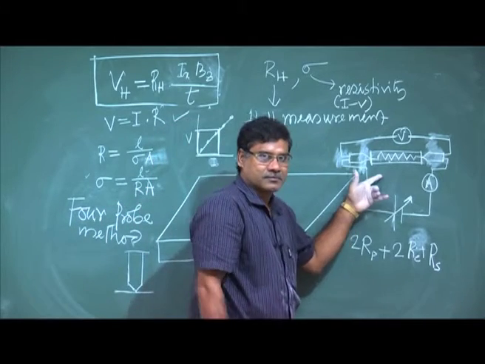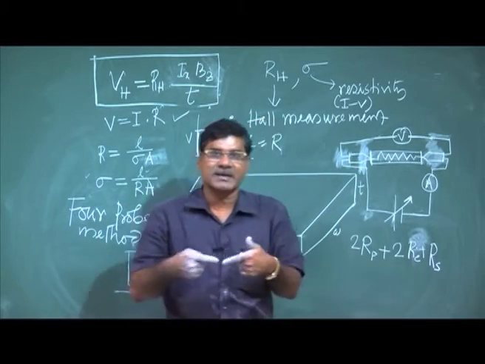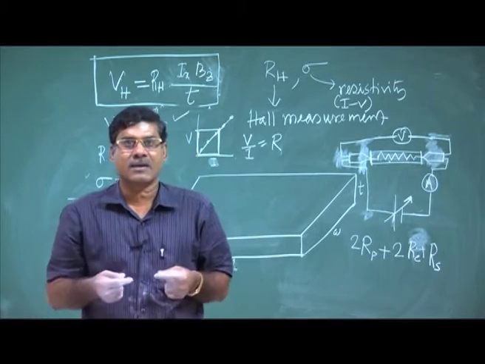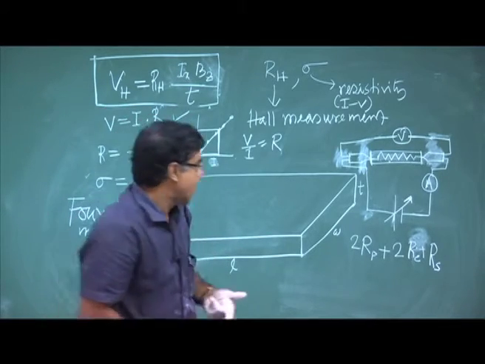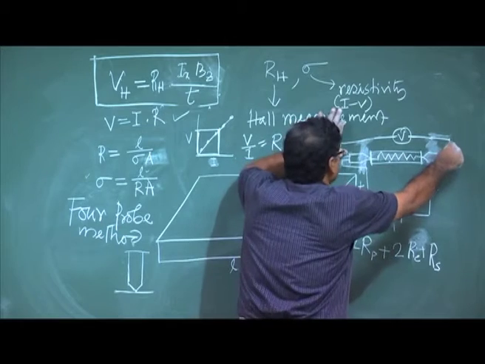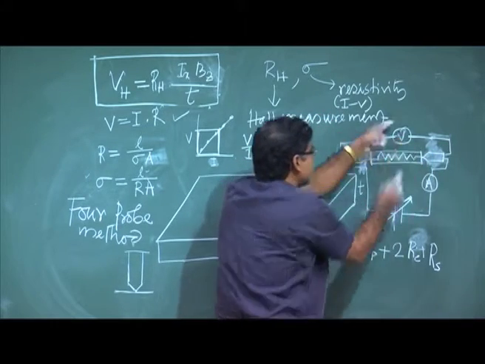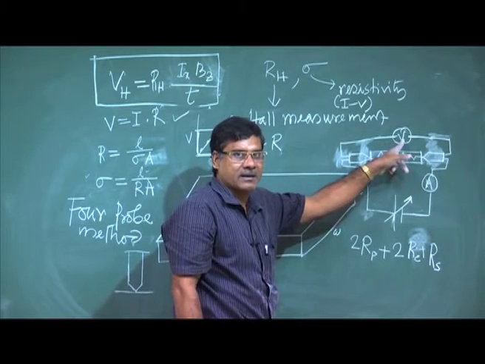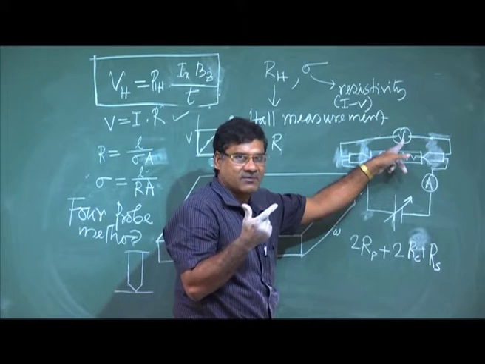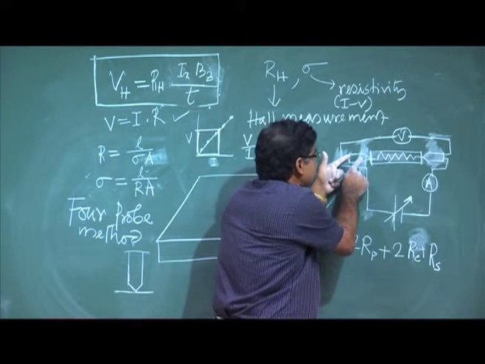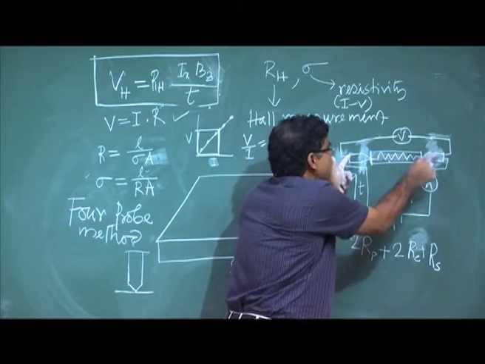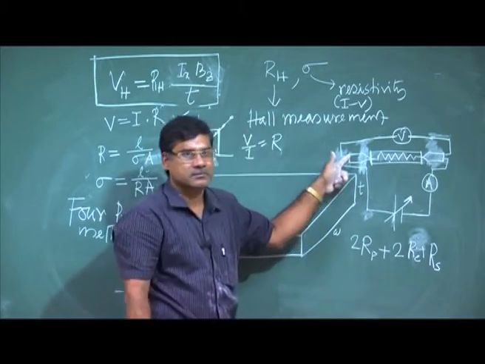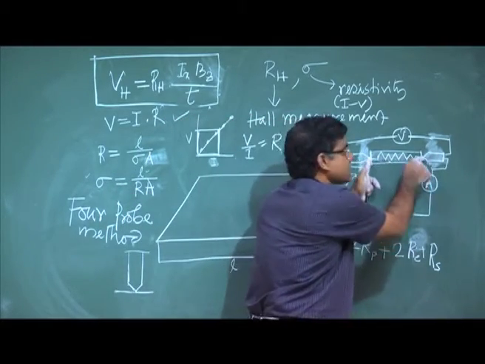From where you are measuring voltage, that is important. I am measuring voltage here. So this voltmeter will give the voltage drop across this resistance, this resistance, and also this contact resistance.